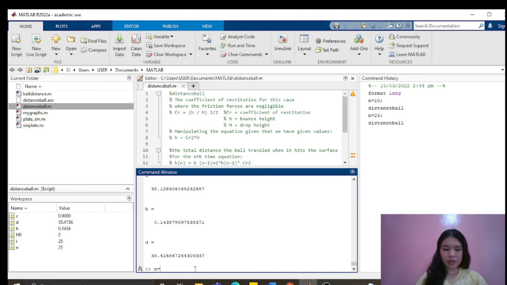N is equal to, since we have 25, we try 30. Call again.